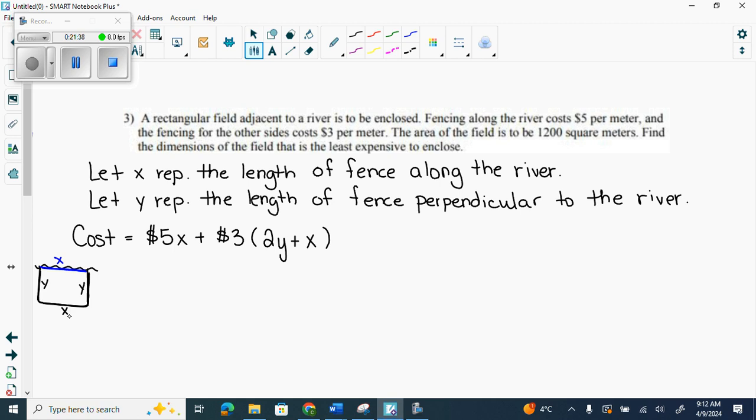So x represents the length of fence along the river and parallel to the river, essentially, because they have to be the same length, because it said it's rectangular. So we get 5x plus 6y plus 3x, which results in 8x plus 6y.